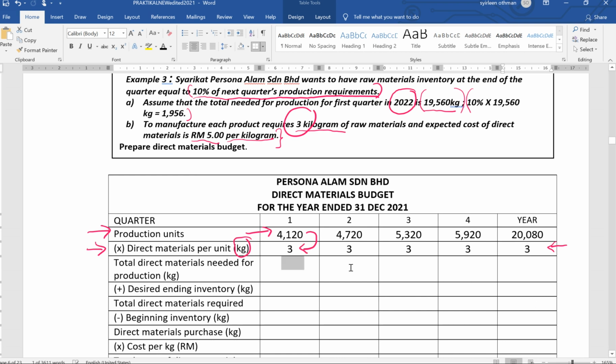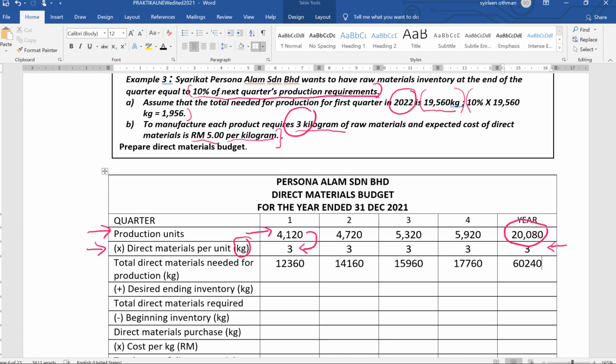So we get the total direct materials needed for the production. This is what we call the requirement for production. So you are required to prepare this much raw material in order to produce 20,080 units of finished goods.